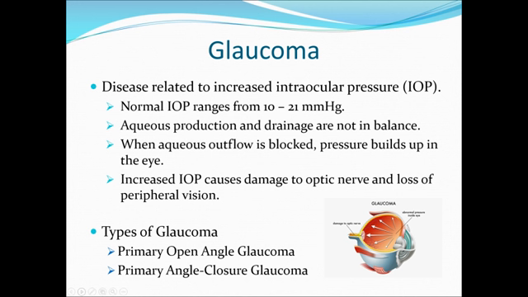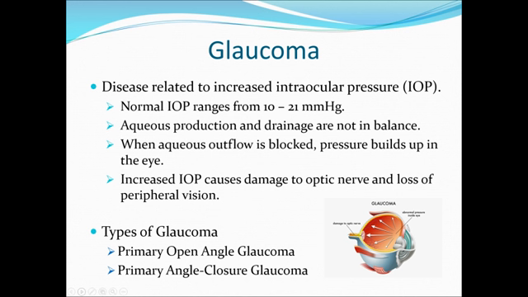Now, there are two types of glaucoma. We have primary open angle glaucoma, and this is the most common form. And this has to do with a problem in the canal of Schlemm and the trabecular meshwork, and it causes a gradual rise in IOP. And because that rise is gradual, the vision loss is very insidious.